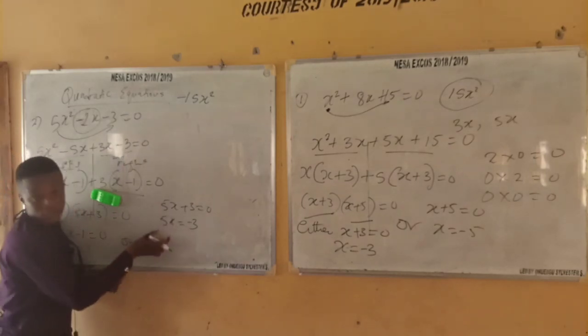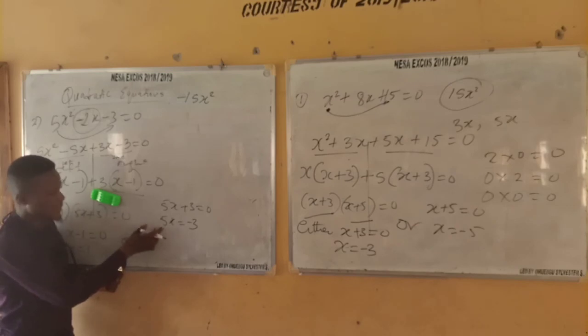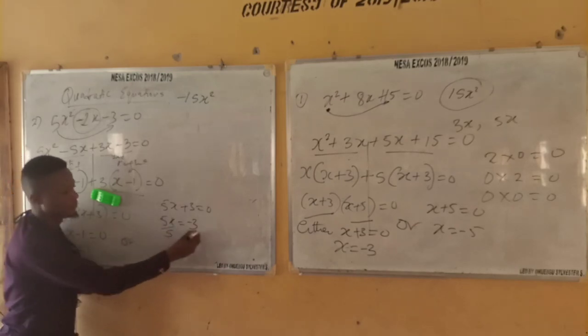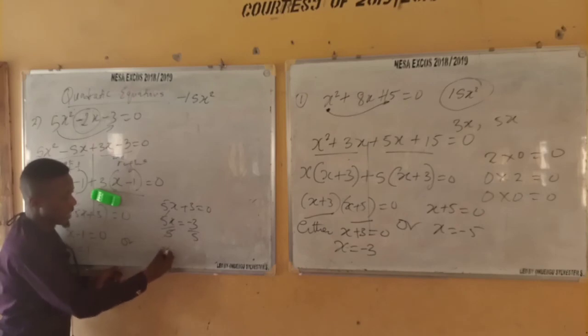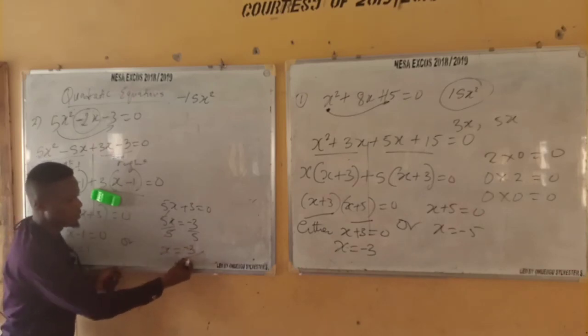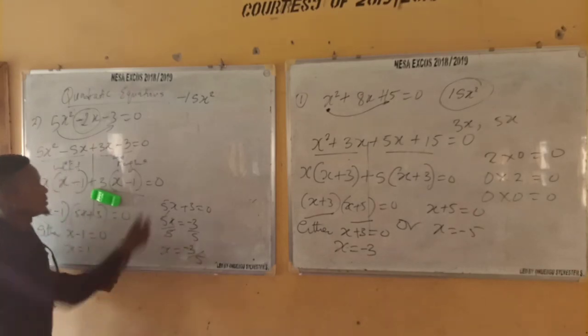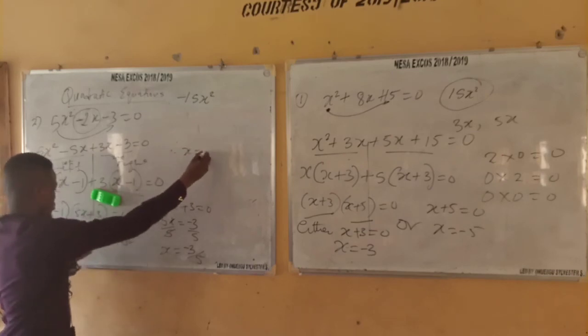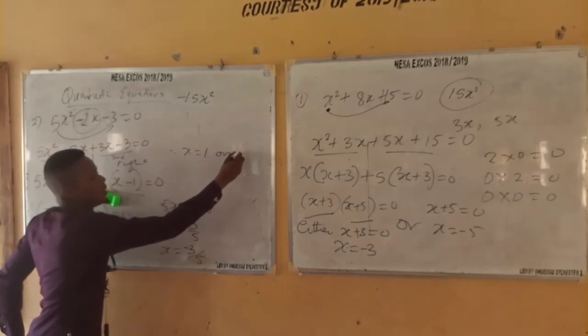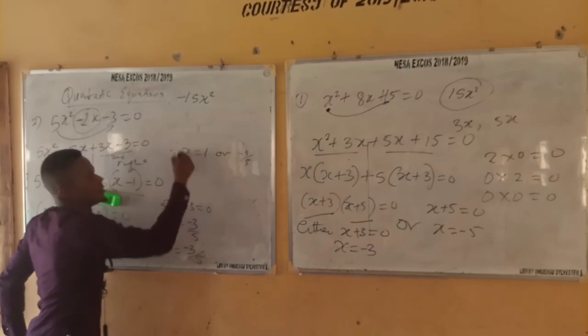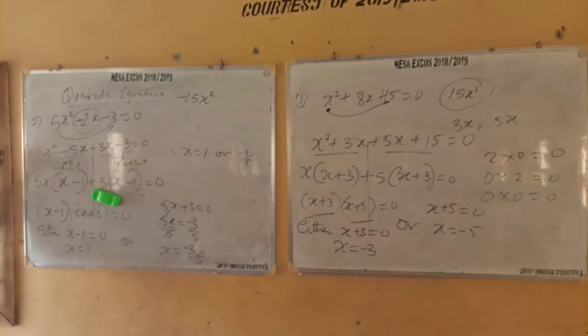So I'm looking for x, not 5x, right? To get x, I will divide both sides by 5. So x is minus 3 over 5. Therefore, x is equal to 1 or minus 3 over 5. Finish. That's the answer to this.